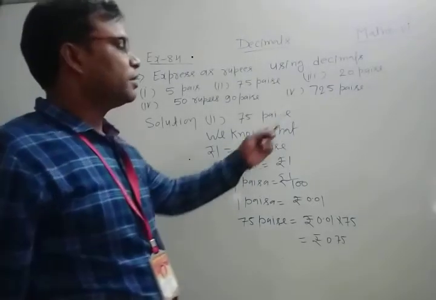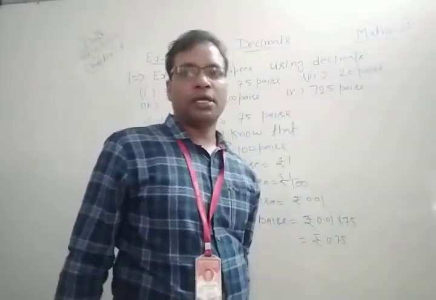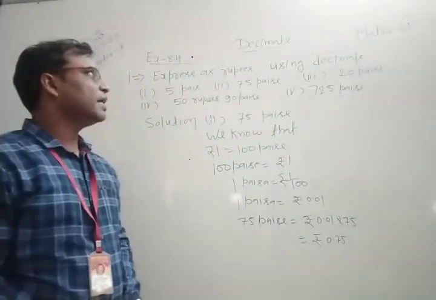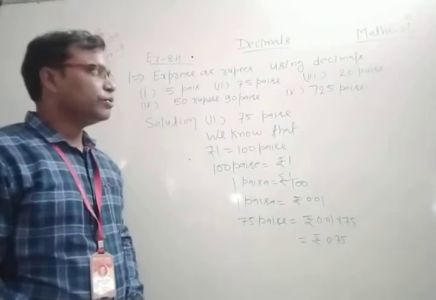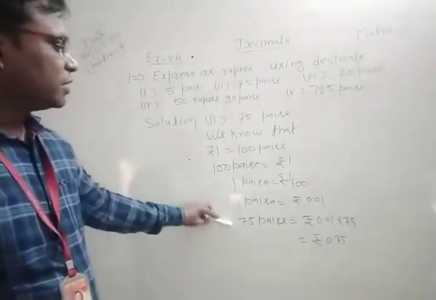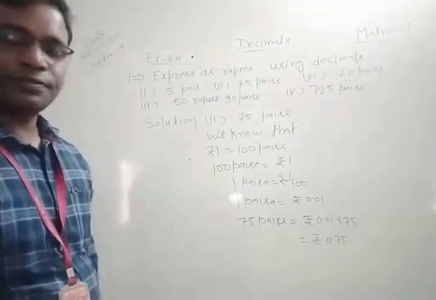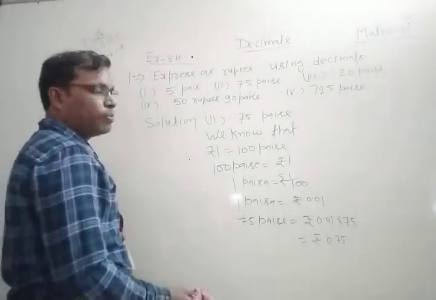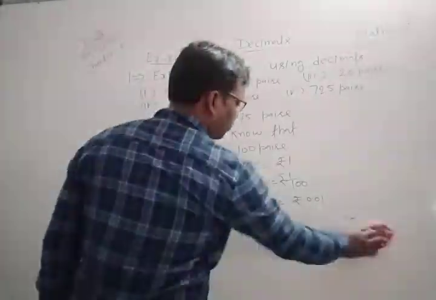Now the next part is 20 paise. How do we convert 20 paise into rupees using decimal? Here you can see 75 paise is equal to 0.75 rupees.